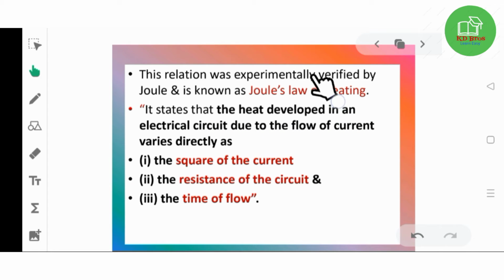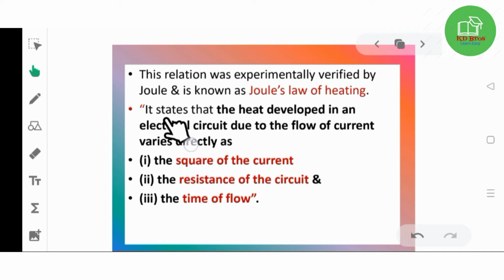These expressions, W equals VIt, H equals VIt, and H equals I squared Rt, were all verified experimentally by Joule, and that's why it is named Joule's law of heating.